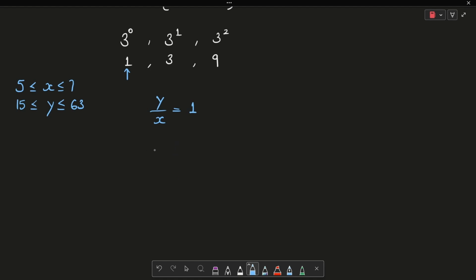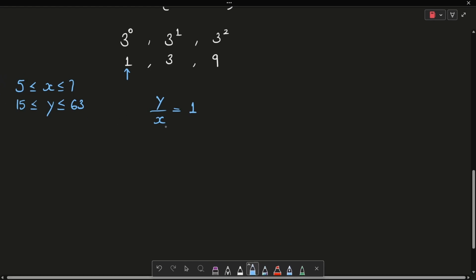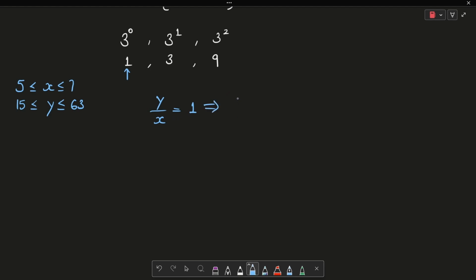Okay, let me just do it like this: y by 1 equals x, right?